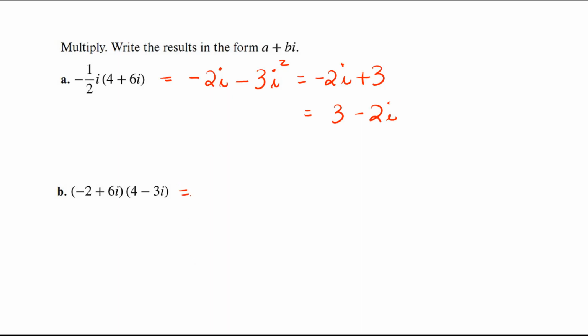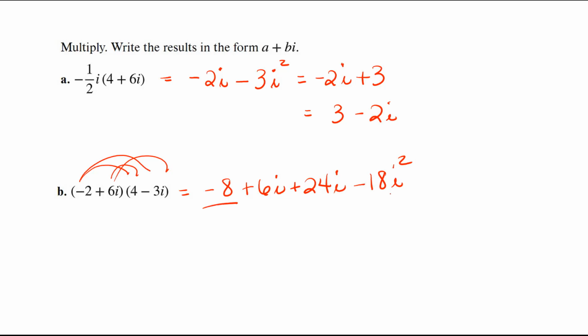Here we're going to multiply out these binomials, and we'll just use the distributive property like we always do. So negative 2 times 4 is negative 8, and negative 2 times negative 3i is going to be positive 6i. 6i times 4 is going to be positive 24i, and then 6i times negative 3i is going to be negative 18i squared.